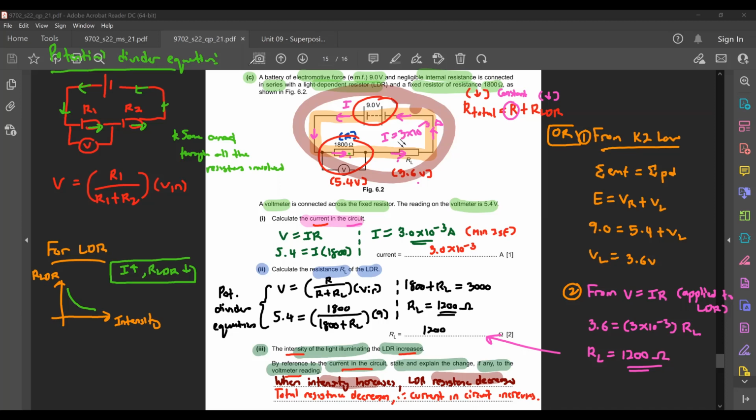And then there's a continuation to this answer, because here we want to explain how does the current actually affect the voltmeter reading. Okay, so the continuation to this answer right here on the left hand side. So when total resistance decreases, current in circuit increases. So for the fixed resistor, V equals IR.